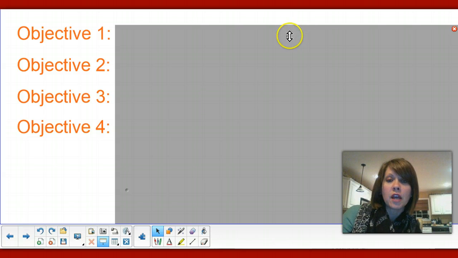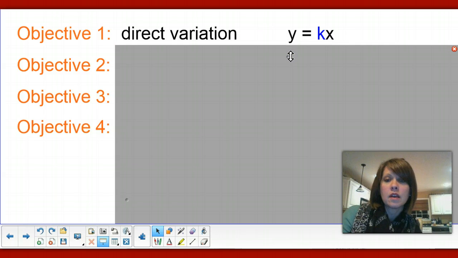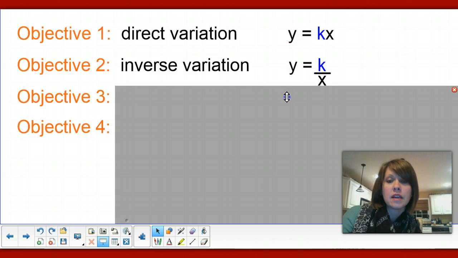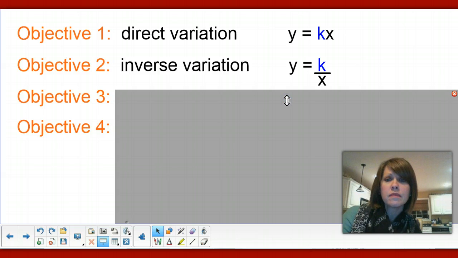So direct variation is a relationship between y and x where y is always equal to some constant k times x. This is what a direct variation equation looks like. An inverse variation relationship, instead of y equals k times x, it's y equals k divided by x.